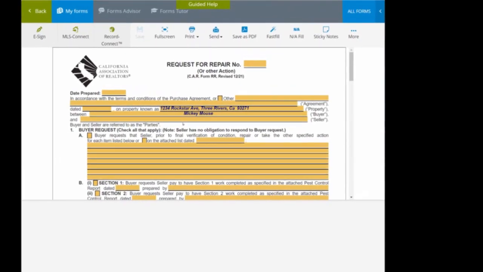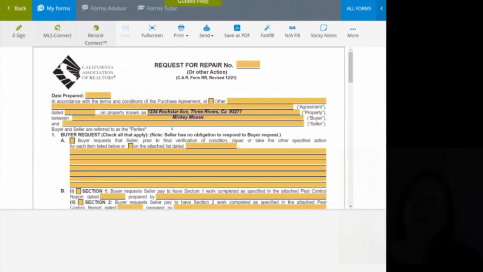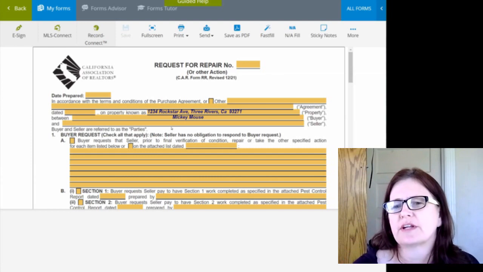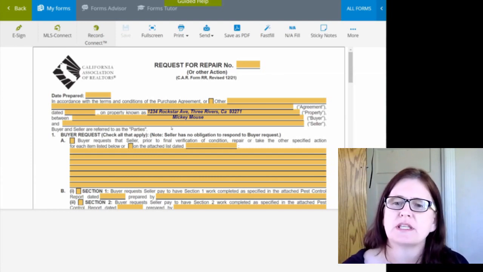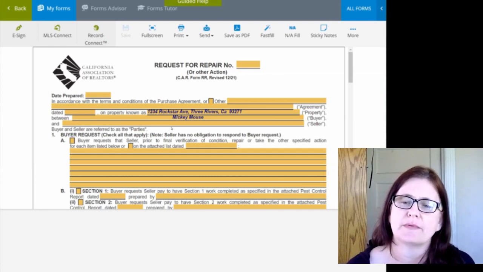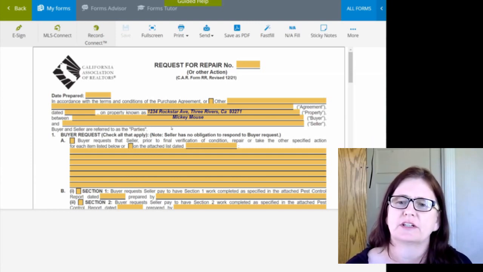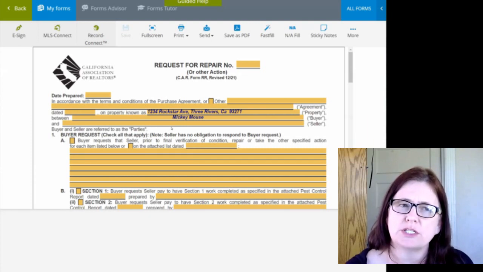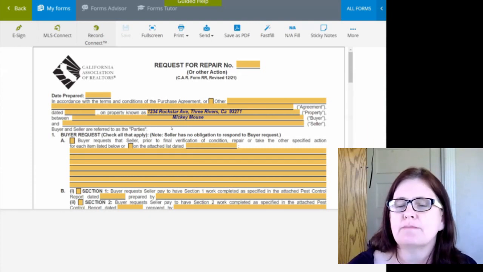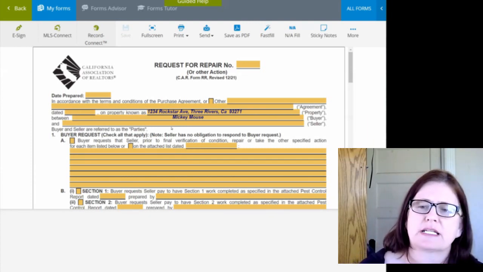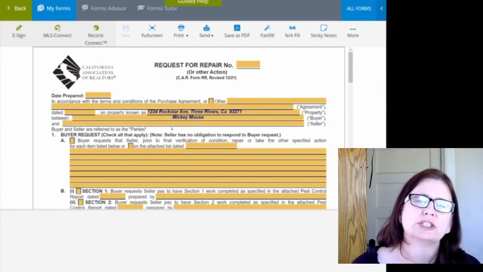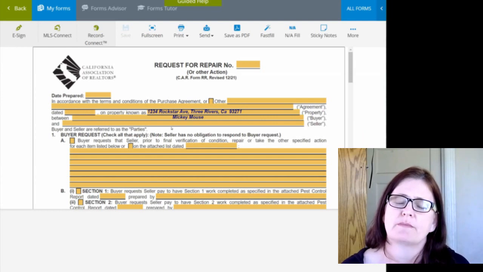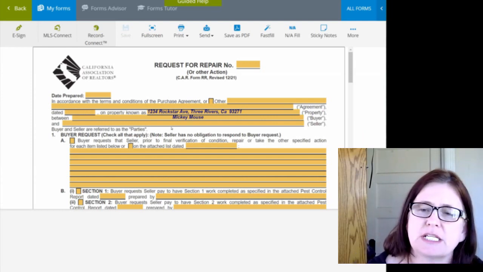Okay, so request for repair. When we go under contract and the buyer does all of their inspections, they have an option to then ask for any repairs that they feel need to be done. One of the things that we always want to do is manage our clients' expectations at all times. The request for repairs is one place where we really want to make sure we're managing their expectations.